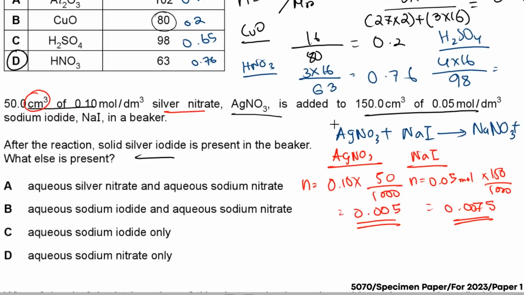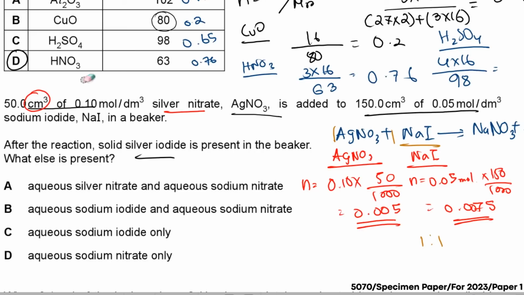Now we have the molar ratio we have to consider. Let's consider sodium iodide and silver nitrate. Since we're trying to find out the reagents that are in excess, we're going to consider only the reactants. We do not need to consider the amount of products.